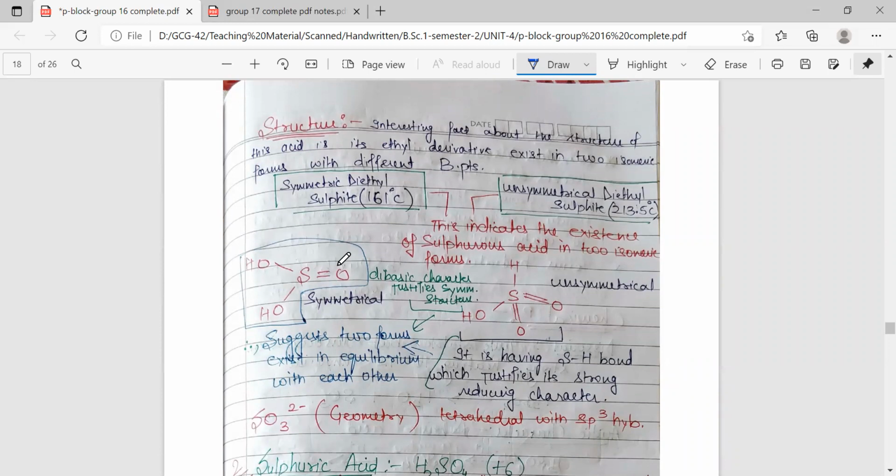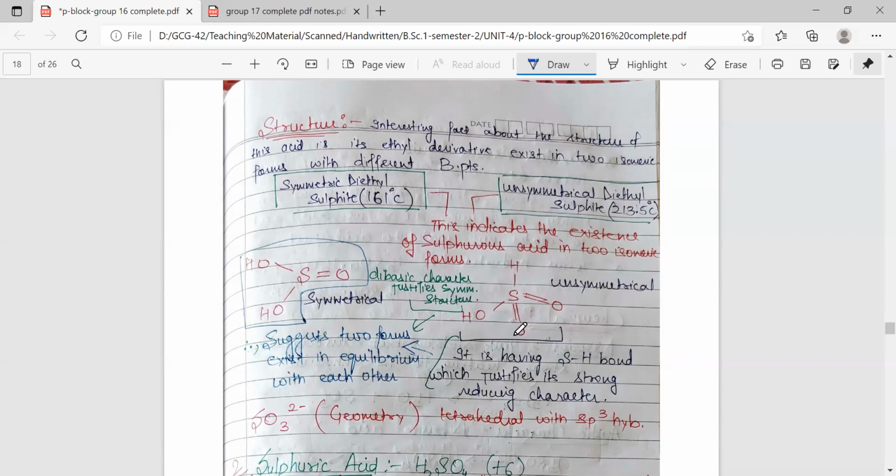So this justifies that this sulfurous acid exists in two forms, that is the symmetrical one and the unsymmetrical one. This one explains the dibasic character of this acid, and this unsymmetrical one explains its reducing character.